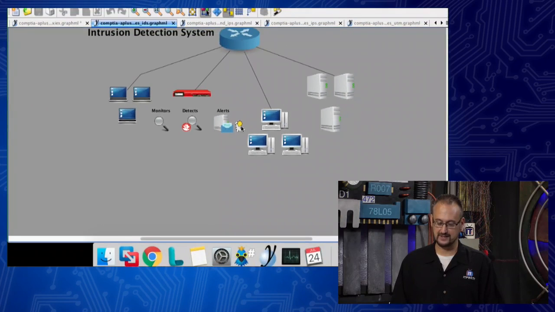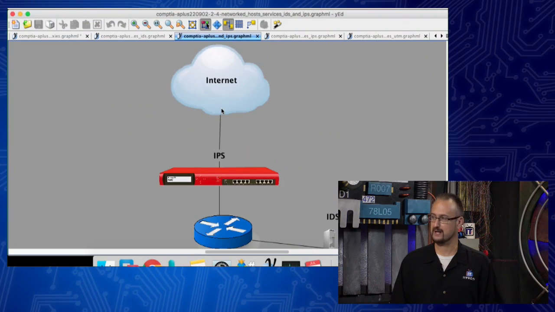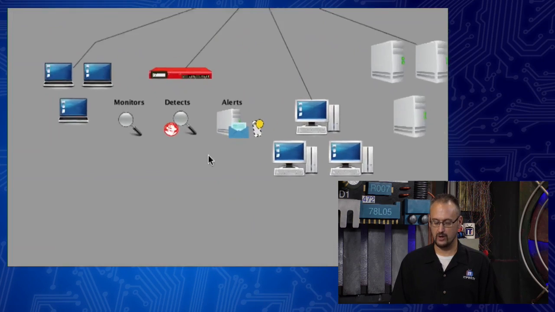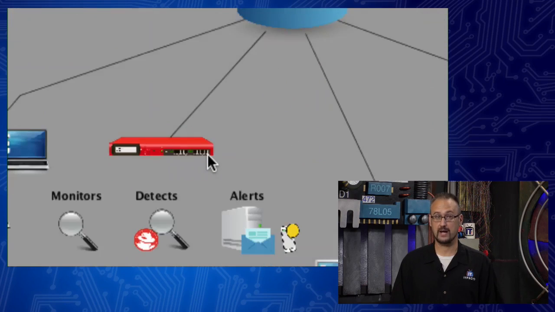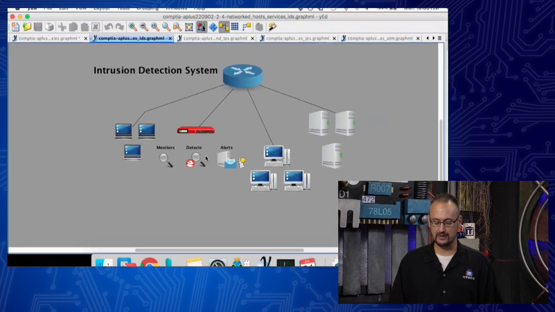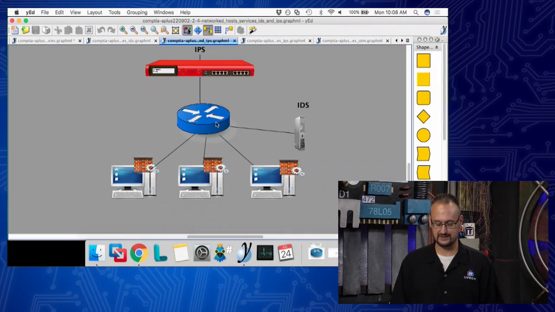That's right, because the next one, the IPS, goes a little bit farther. The IPS does the exact same thing, but one thing that the IDS lacks is countermeasures. An IPS is called an intrusion prevention system.